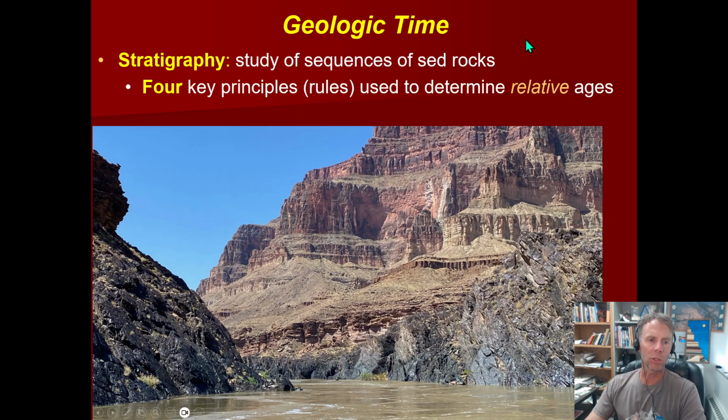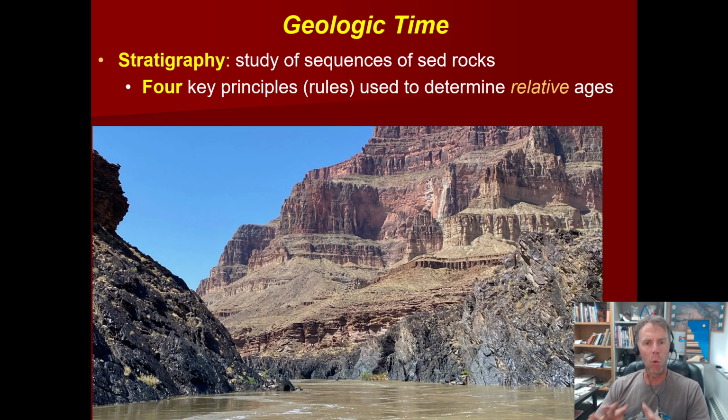And luckily, with the rocks, it's a lot more simple and straightforward than trying to figure out ages of people, because humans can vary so much in their appearance. So getting right to it, we're going to basically look at how, especially the sedimentary rocks play into this. Some of the principles and rules we're going to use here apply to all rock types, but there's a few of them that are best suited for the sedimentary rocks.